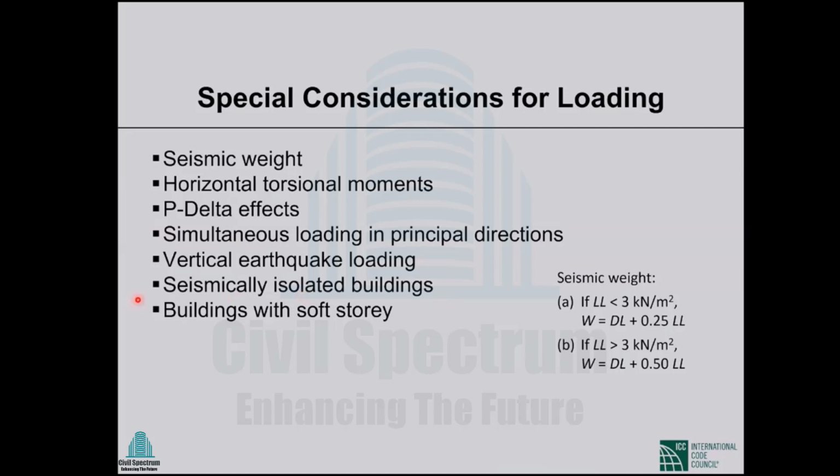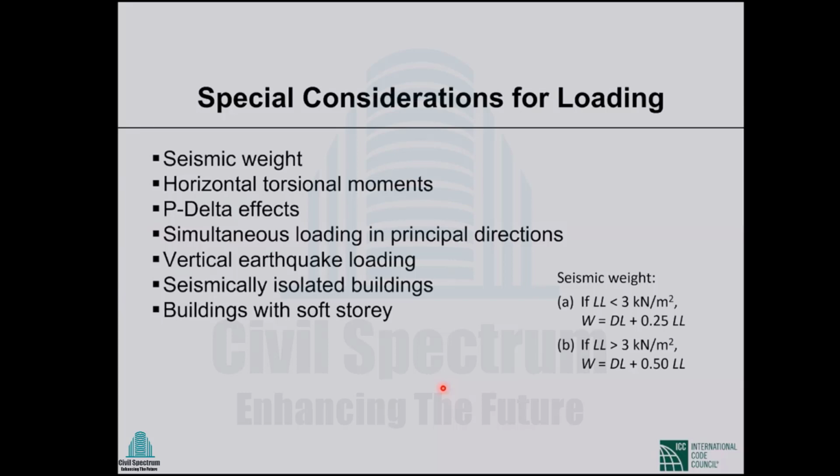Seismically isolated buildings. I don't know if you are familiar with this term, isolated building. Maybe you have heard the term base isolation. Base isolation buildings have a kind of bearing at the bottom of the columns on top of the footing, and the bearings are such that they isolate the building from ground vibration.